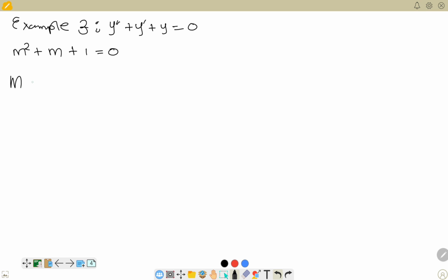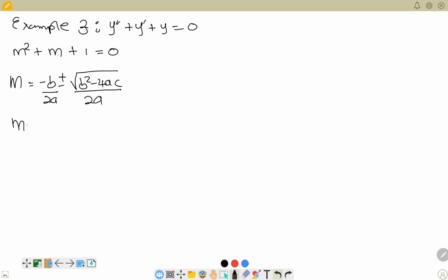So when I solve for m, I'll find that m equals negative b plus or minus the square root of b square minus 4ac, all divided by 2a. So I can divide it like this in this case. This is still the quadratic formula.